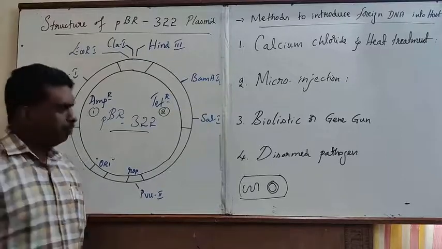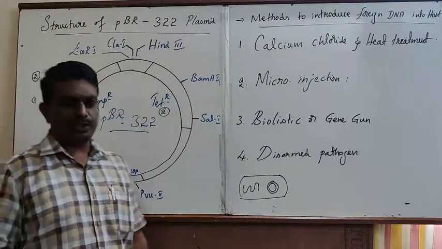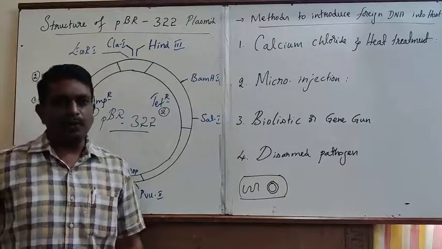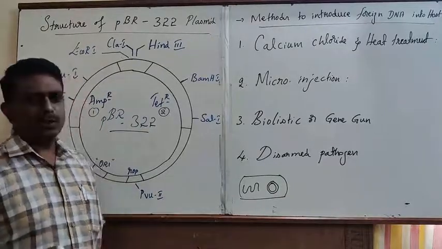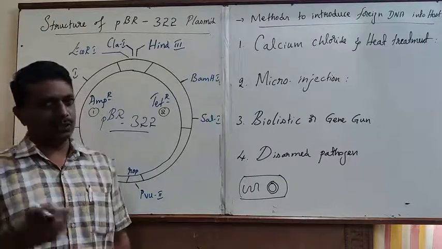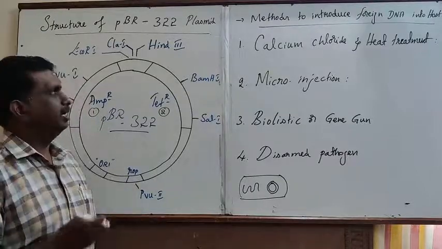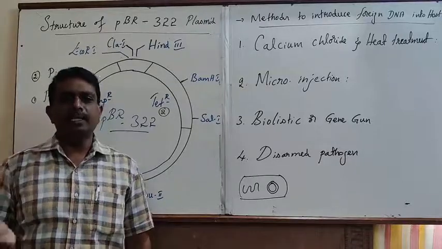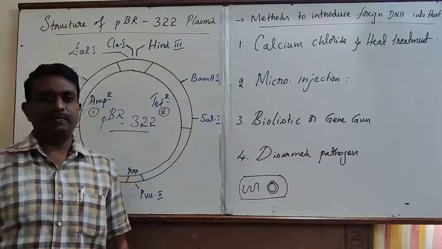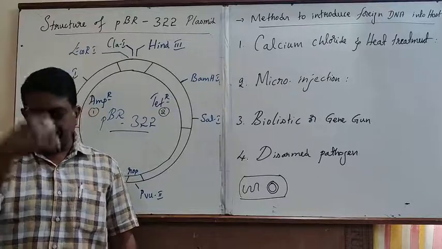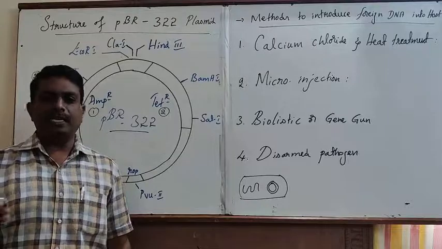pBR-322. The next important aspect is with reference to what are the main important competent hosts widely used in gene manipulation and also in recombinant DNA technology. The competent host is defined as the cell which is capable of taking foreign DNA.